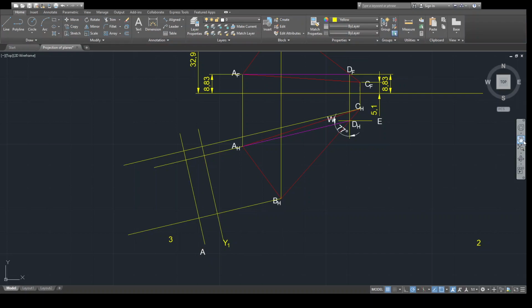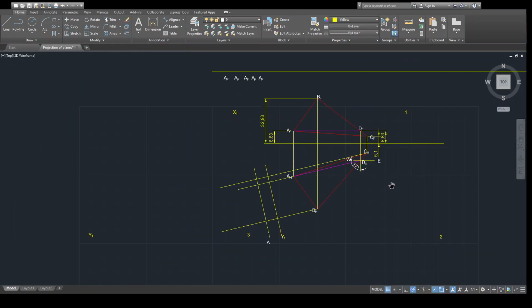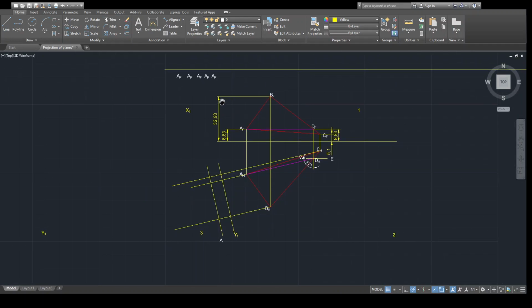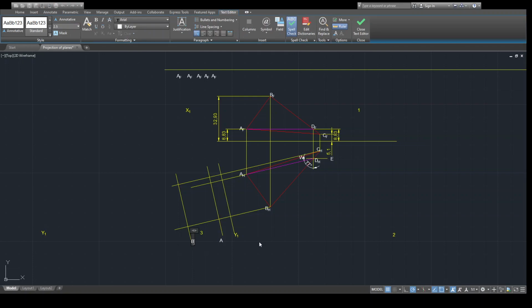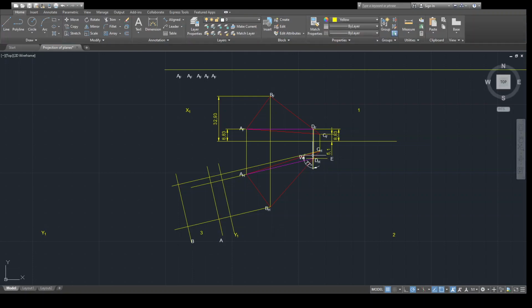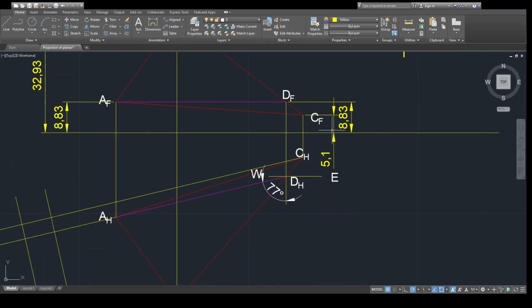Now let us transfer the distance of point B, that is 32.93. Remember 32.93 here. So let us offset. So this is B. Then C. What is the distance of C? It is 5.1. So the distance of C is 5.1.